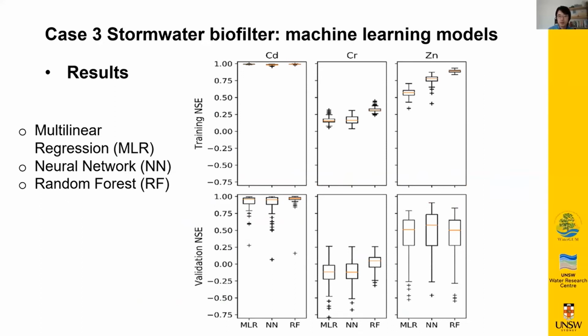The best was for Cd, cadmium, and the worst was for chromium. Zinc was okay, but not that good in the validation stage. In terms of the differences between the models, there is not a huge difference, but relatively random forest was the best.